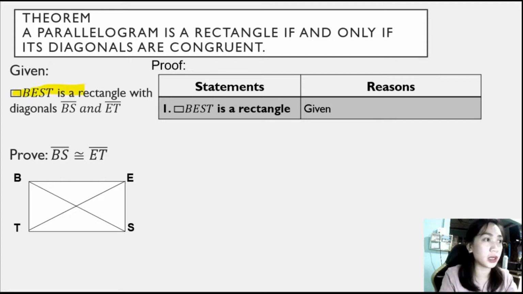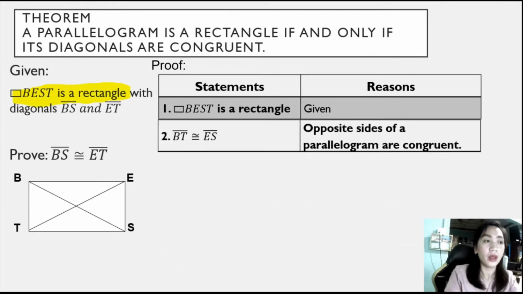Second, BT is congruent to ES. Reason: opposite sides of a parallelogram are congruent. So, BT is congruent daw kay ES.